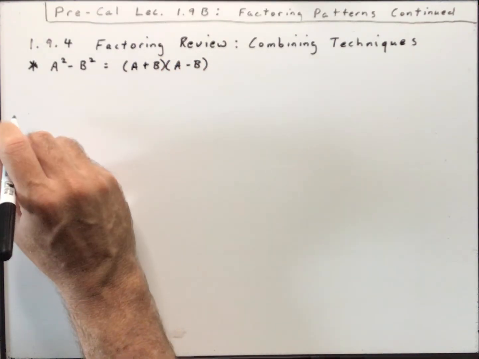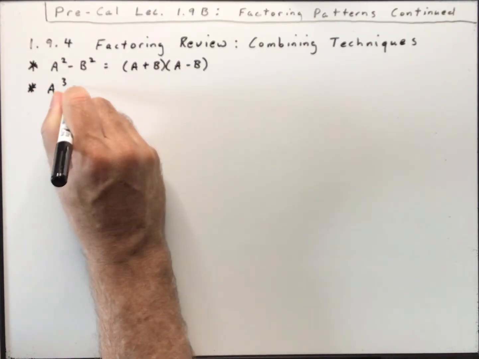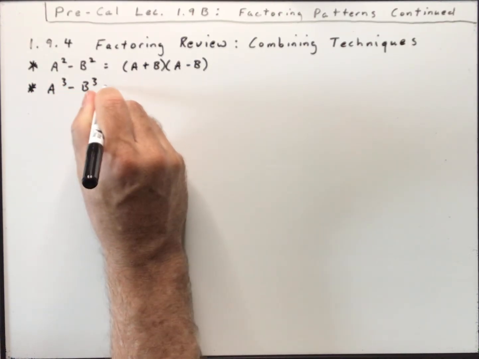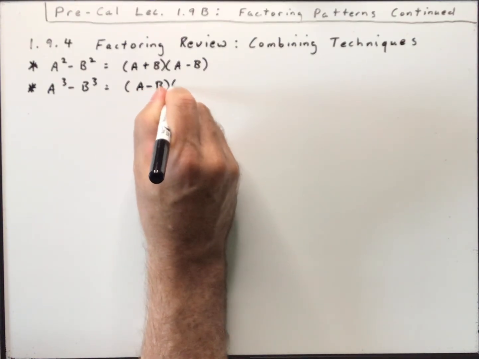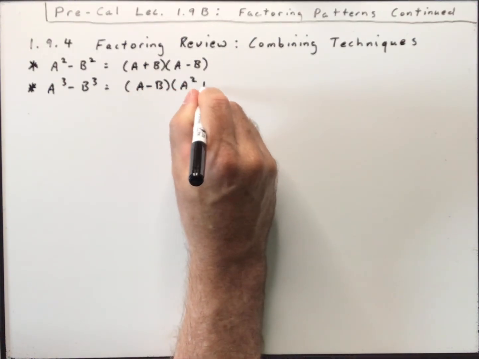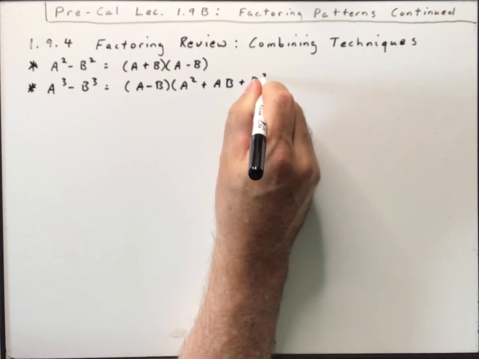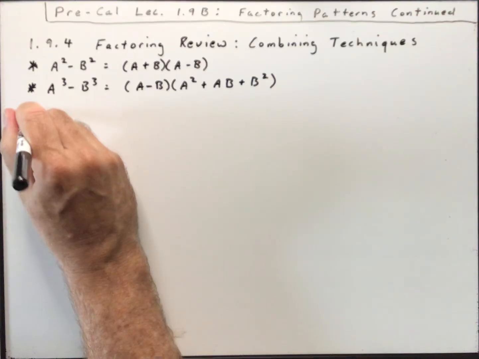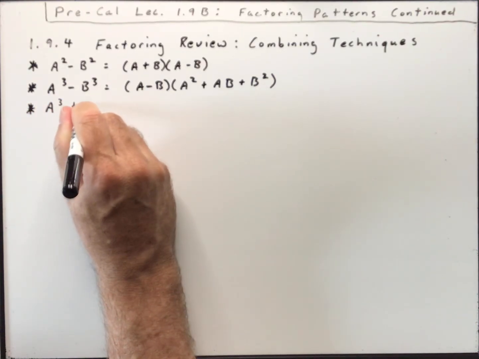And then the formulas that we just learned, a cubed minus b cubed. That's going to be a minus b times a squared plus ab plus b squared. So you just got to memorize these. And then a cubed plus b cubed.